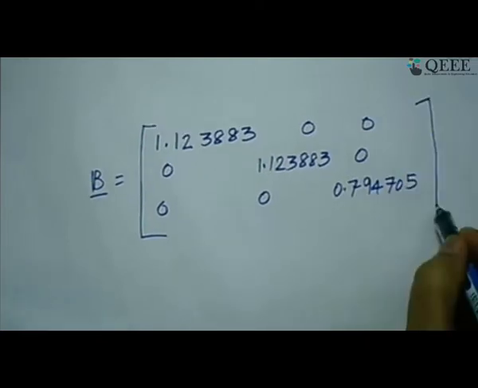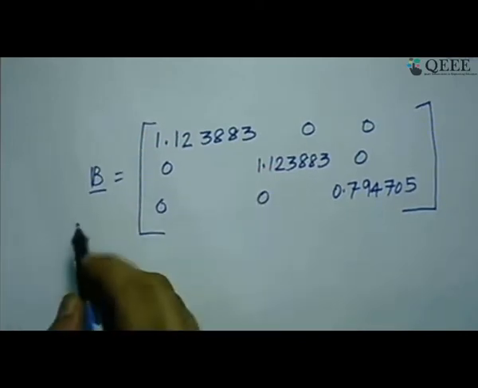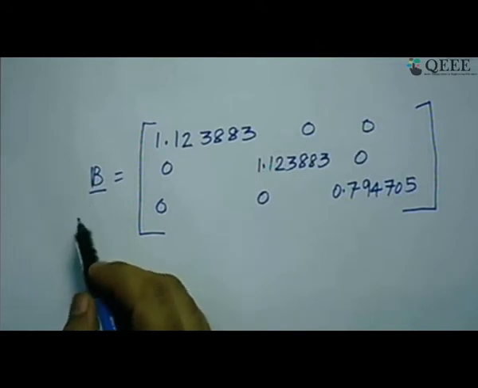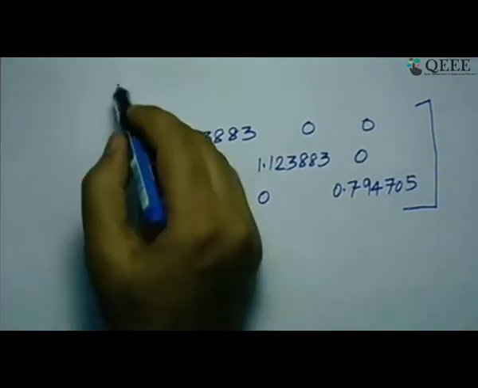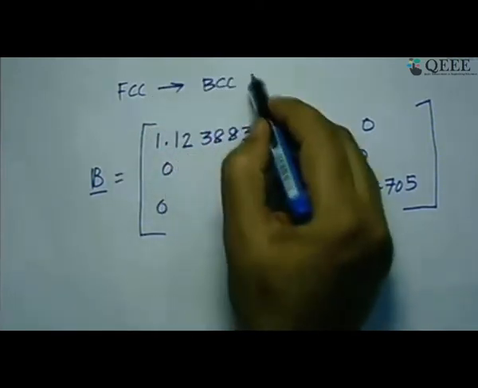Okay. So this is the matrix that is known as the Bain strain matrix. This represents the homogeneous deformation when you go from FCC to BCC martensite.